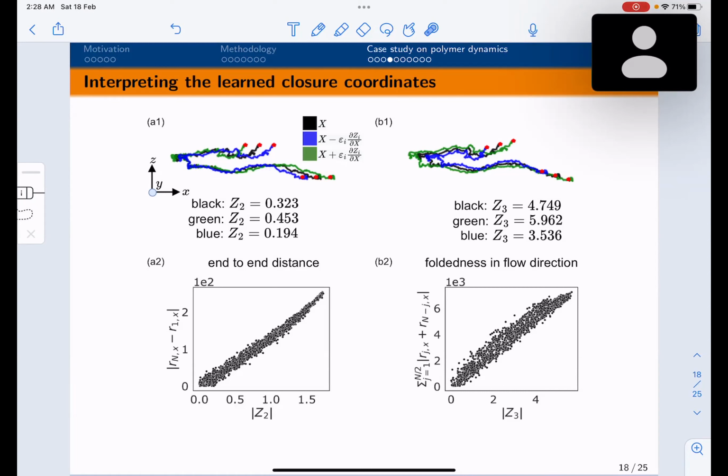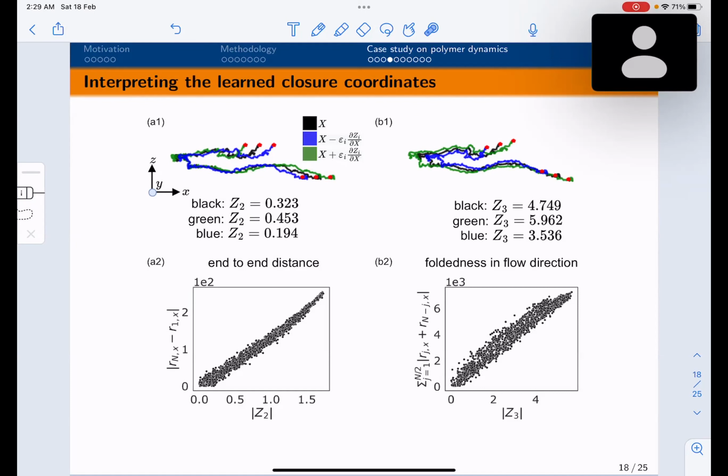Then we add the perturbation of these two. If we add this perturbation for this one, i equal to 2, it means we change the Z2 here. For example, for the black one, we can see the Z2 is equal to 0.323. And for the green one, the Z2 becomes larger.